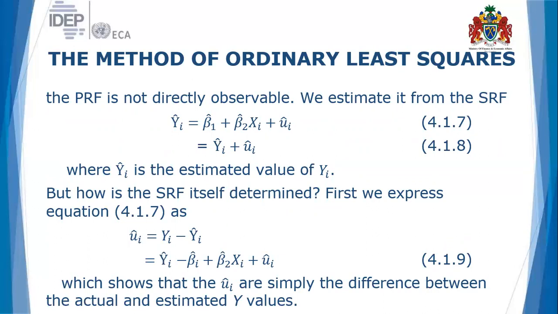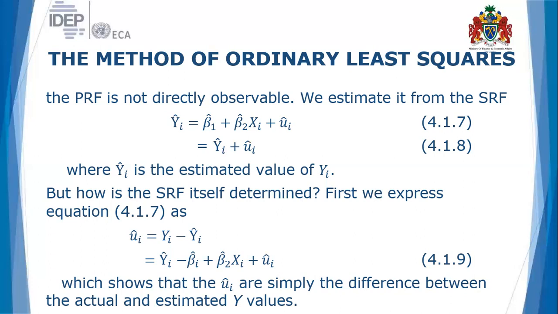And this sample regression function is given as y i is equal to beta hat 1 plus beta hat 2 xi plus the error term mu hat i, which can be reduced to y hat i plus the error term mu hat i, where y hat i is the estimated value of the population yi.